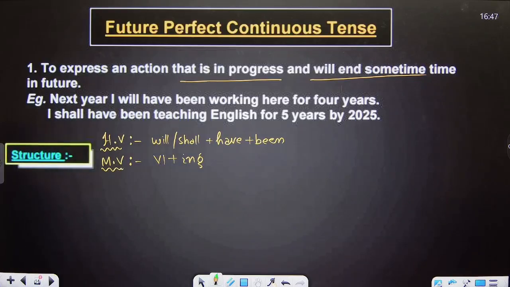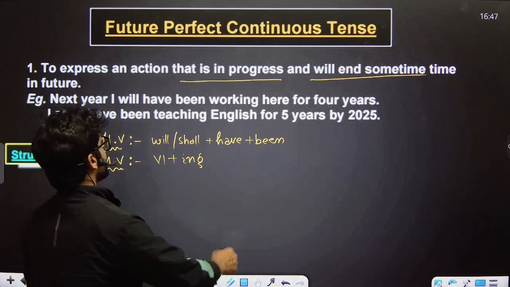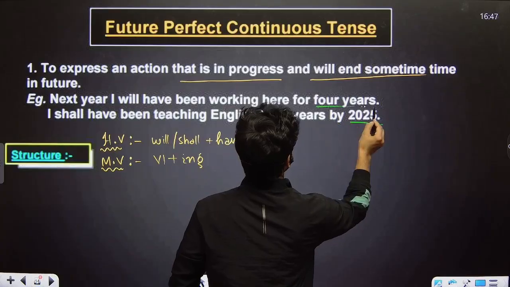Generally time is mentioned in these cases, and I have told you about the for and since cases. Time will be mentioned. Don't worry.